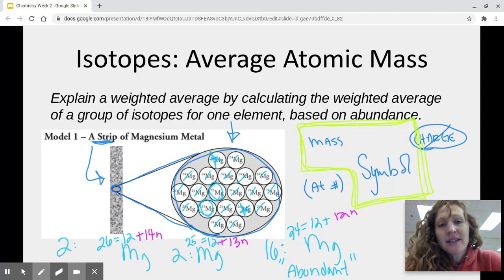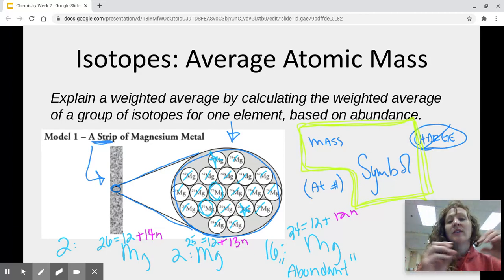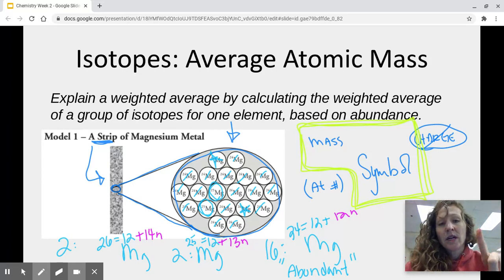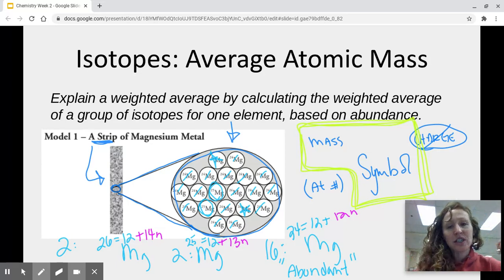Okay, so all of this comes down to show that when you have an element, like we have a strip of elemental magnesium, you don't just have one isotope. Multiple isotopes naturally occur. And thus, we need to deal with the average atomic mass of these naturally occurring isotopes, and that's what gets averaged on the periodic table.